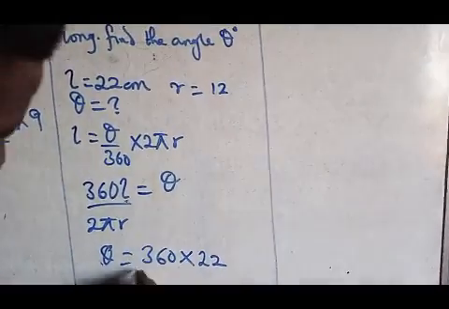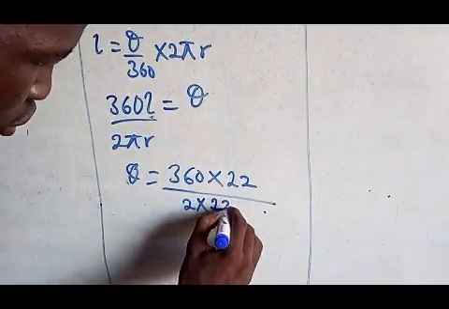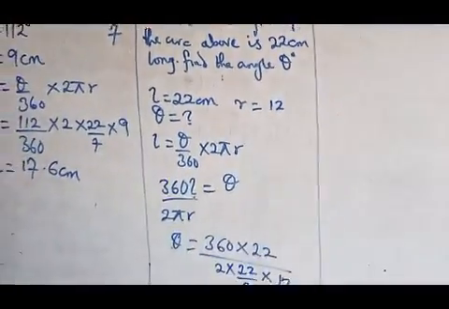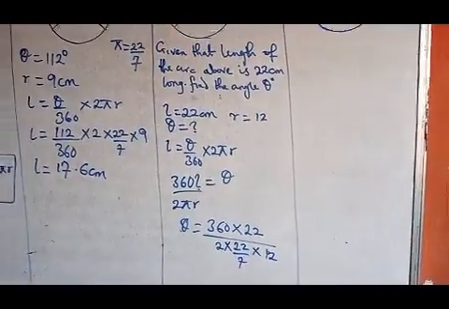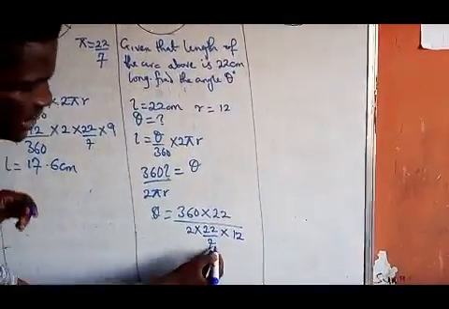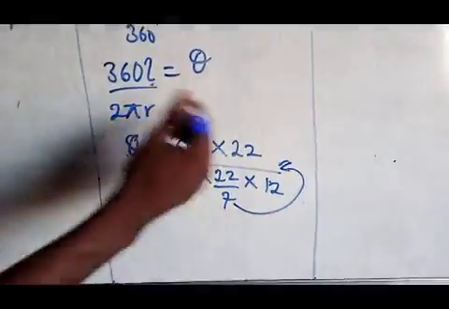Your L is 22, over 2 pi r. Your pi is 22 over 7 multiplied by your 12. Alright, so that is what you are going to have. Normally, mathematically, this 7 is going to come up like this.